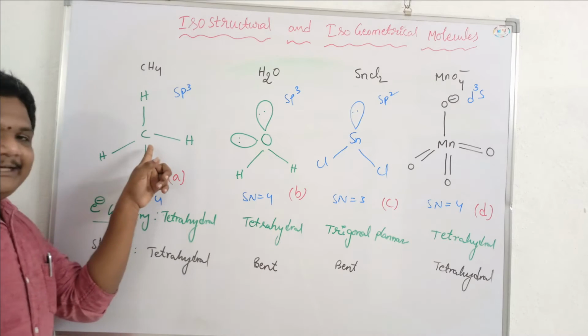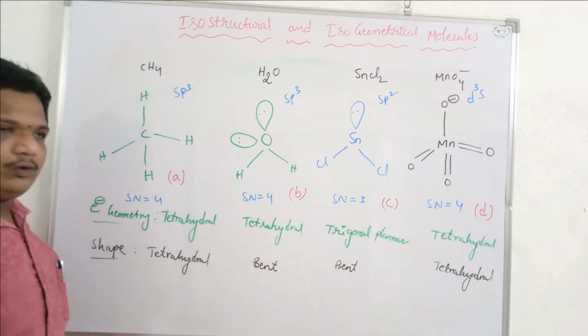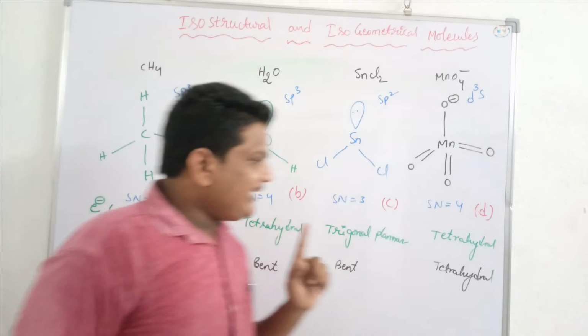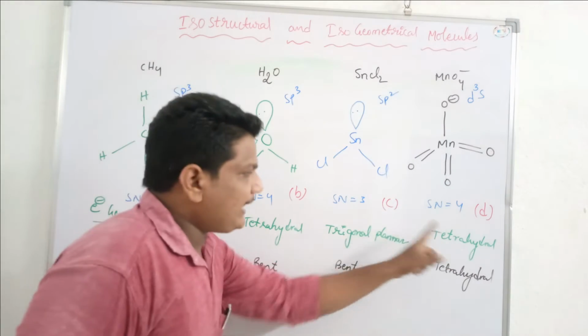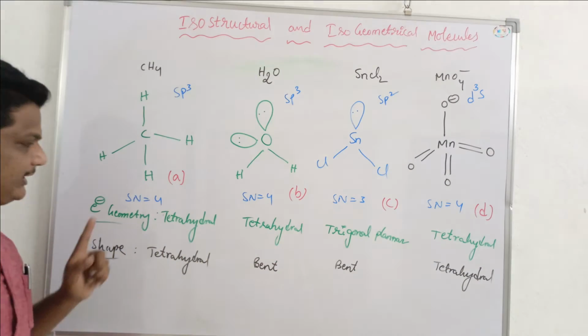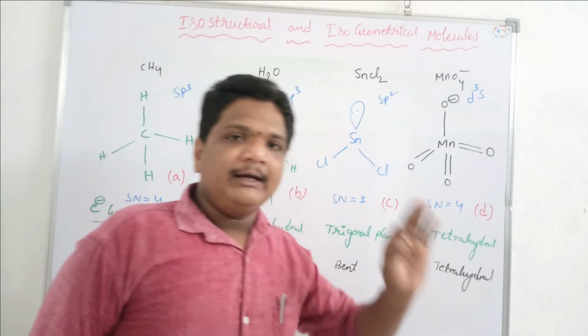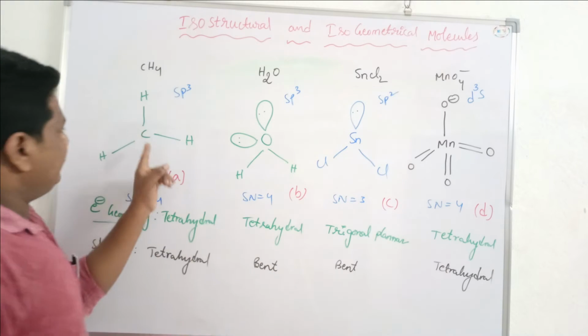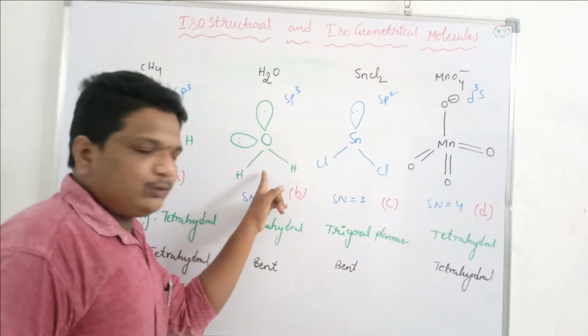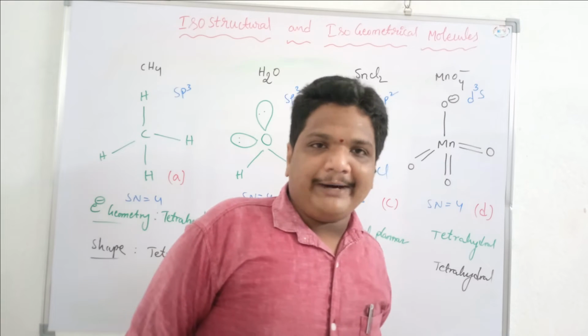So in the case of methane, H2O, and MnO4 minus, we can observe tetrahedral geometry, the same kind of electronic geometry.